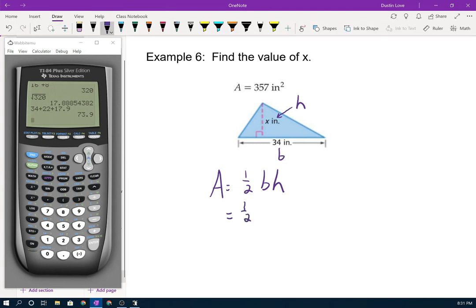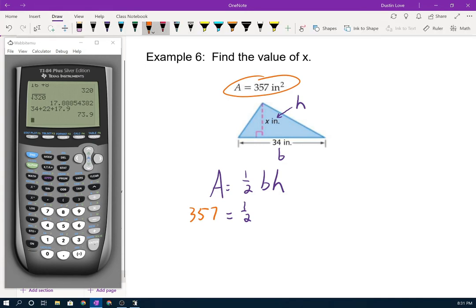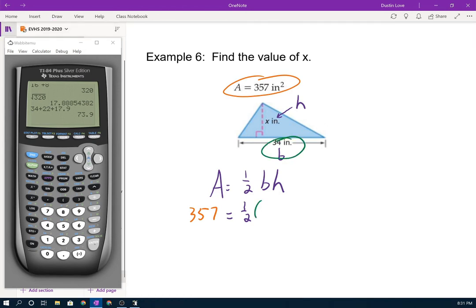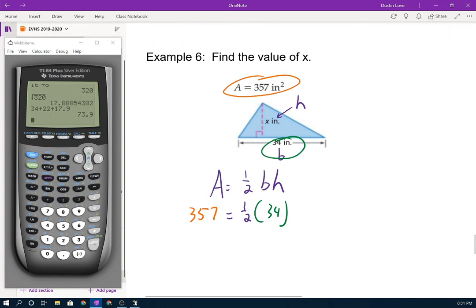We know that the area is 357. So 357 is equal to 1/2 times the base we said was 34. So that's 34. And now the height is going to be x. So I'm going to put an x there.